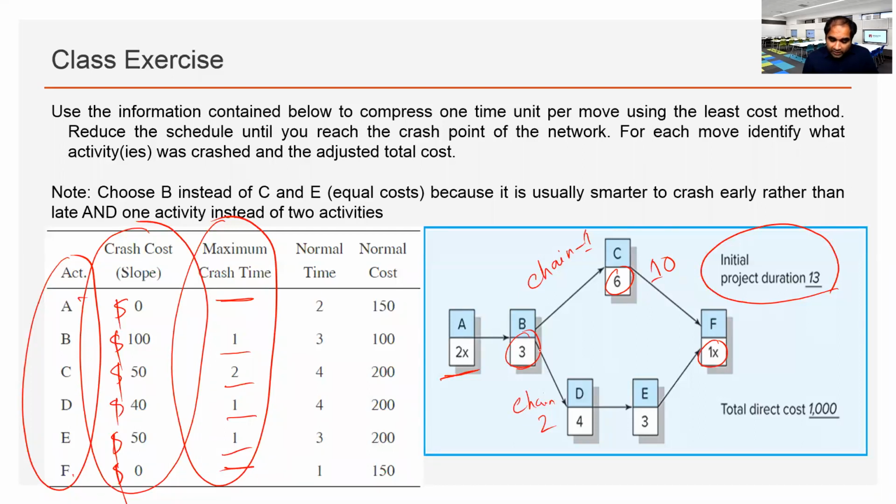Okay, 3, 4, 7, 10, 11. So if we add including A, this is now 12. This is 13.